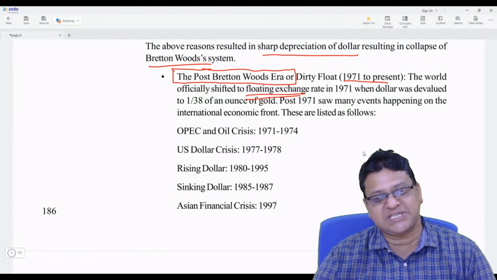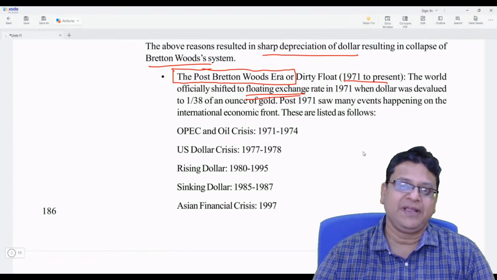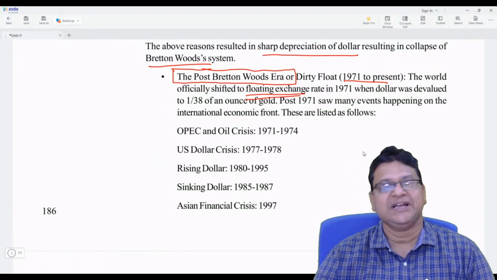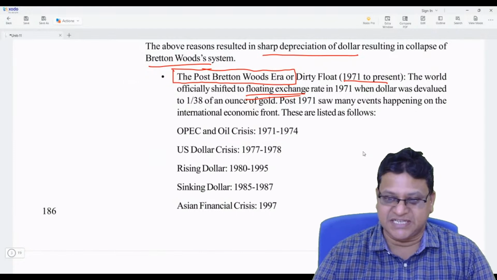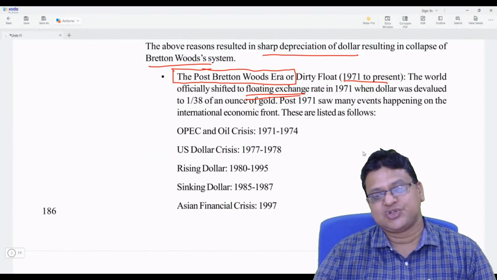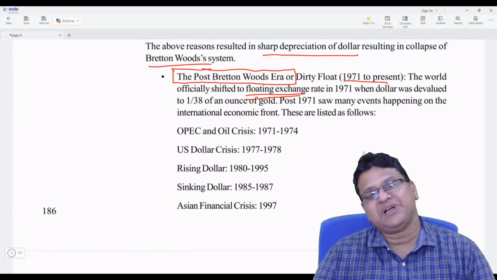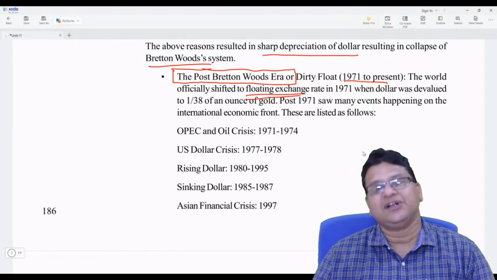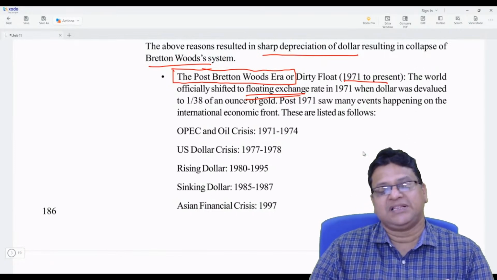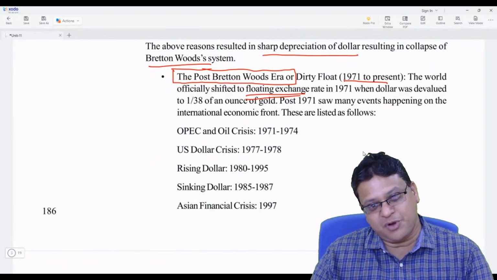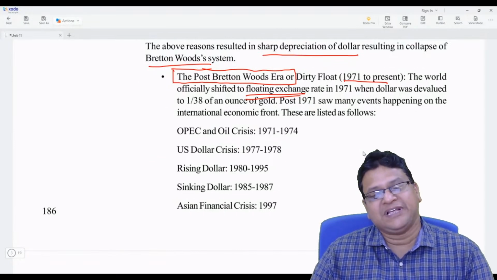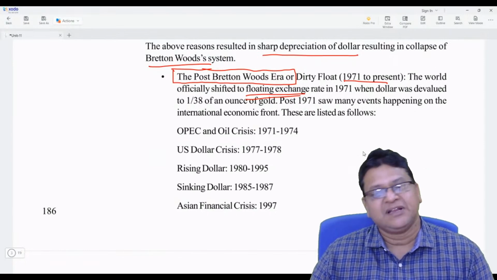What are market forces? The demand and supply of currency. The demand and supply of any currency determines its exchange rate. That is known as the floating exchange rate. So we have shifted from the classical gold standard to the floating exchange rate. First there was the classical gold standard, then the Bretton Woods system of fixed exchange rate came, then the floating exchange rate prevailed.